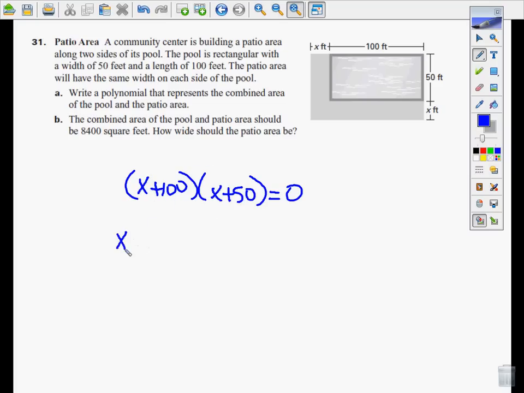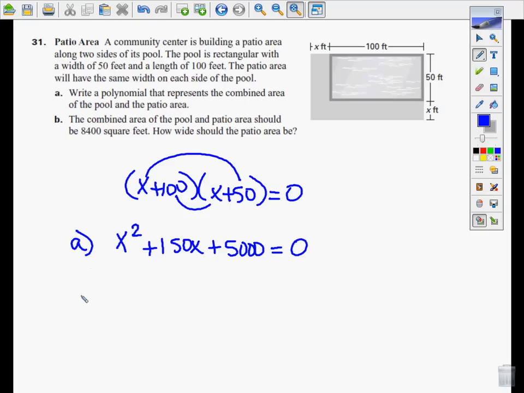And when I FOIL, I'm going to get x squared. I have 50x and 100x, so that's 150x. And 100 times 50 is 5,000. So there's part A.